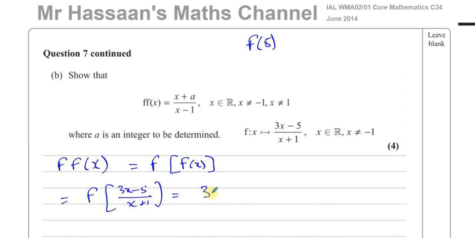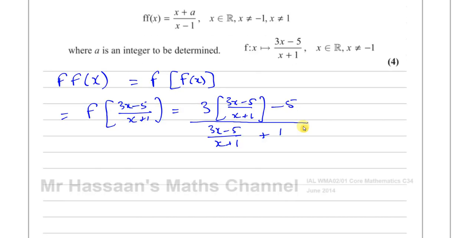So I'll have 3 times 3x minus 5 over x plus 1. Then I've got a minus 5. That's 3x minus 5. X is replaced with whatever's in there. Divided by, I have x plus 1, so I replace the x with this thing, which is 3x minus 5 over x plus 1, and I've got plus 1 at the end.